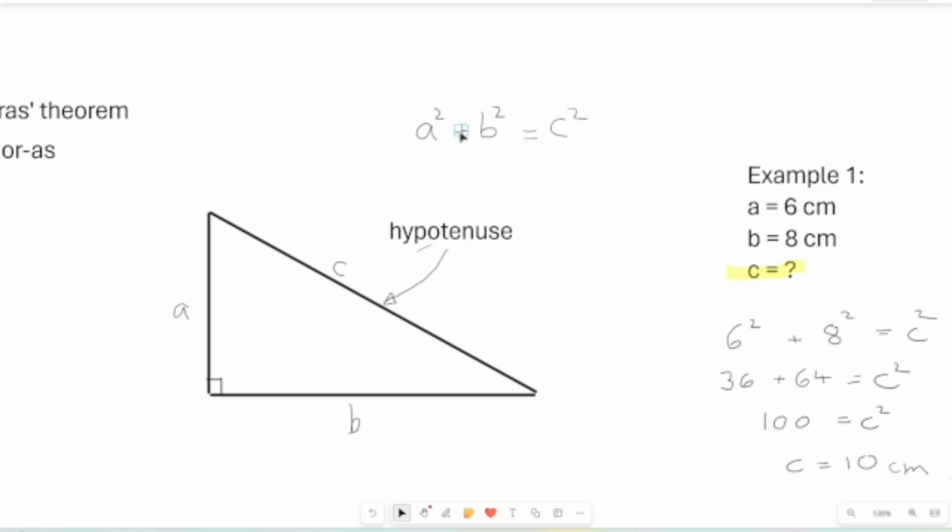Adding them together gives you the sum, and that's equal to the square of the hypotenuse. So just repeating that phrase, Pythagoras' theorem can be stated as the square of the hypotenuse is equal to the sum of the squares of the other two sides.